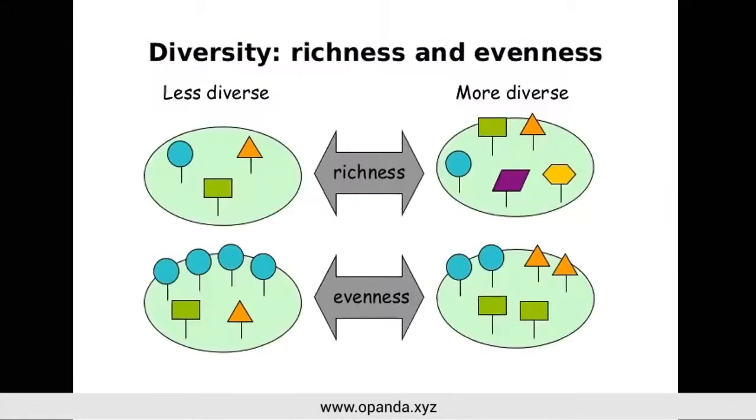Here, let's analyze this figure, diversity between richness and evenness. On this side you have less diverse, while on this side you have more diverse. What does it mean? Less diverse, first of all. Here we find the ones and zeros.